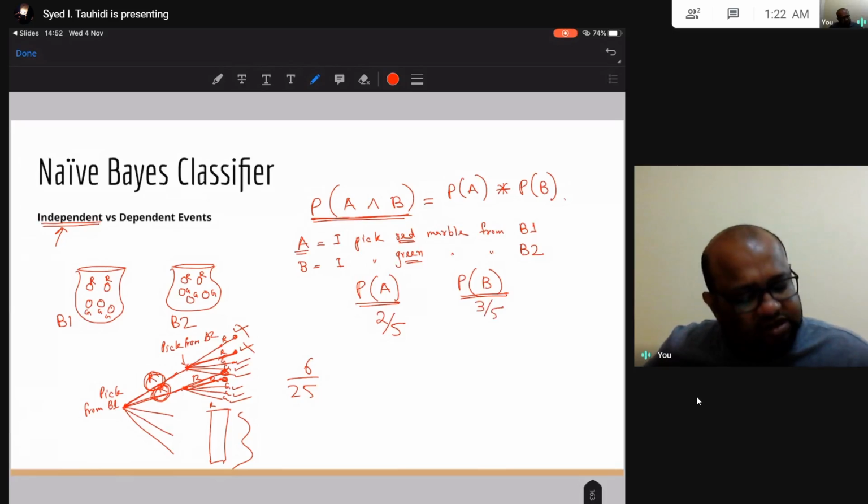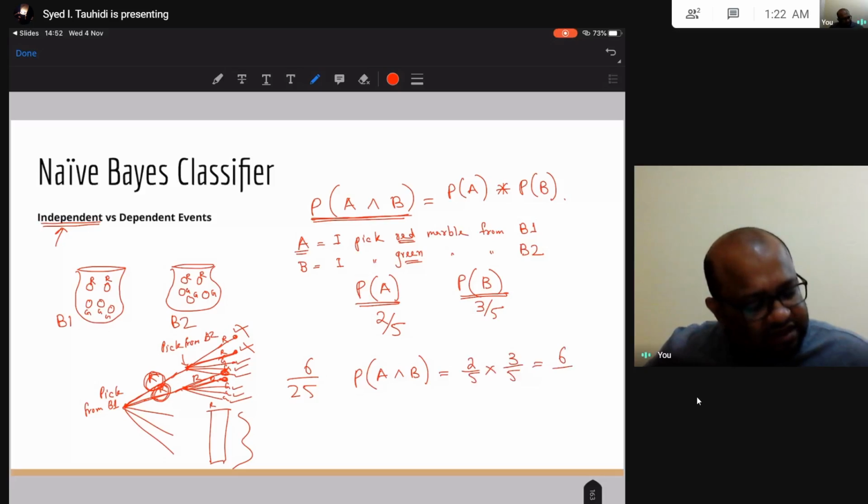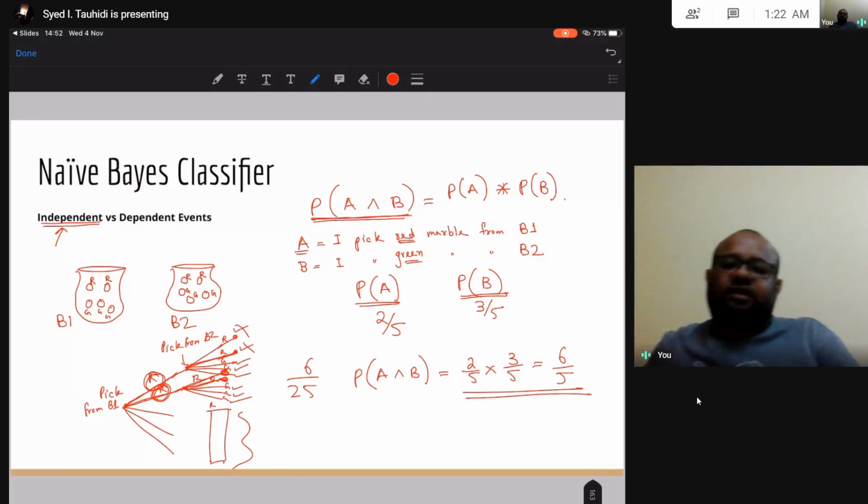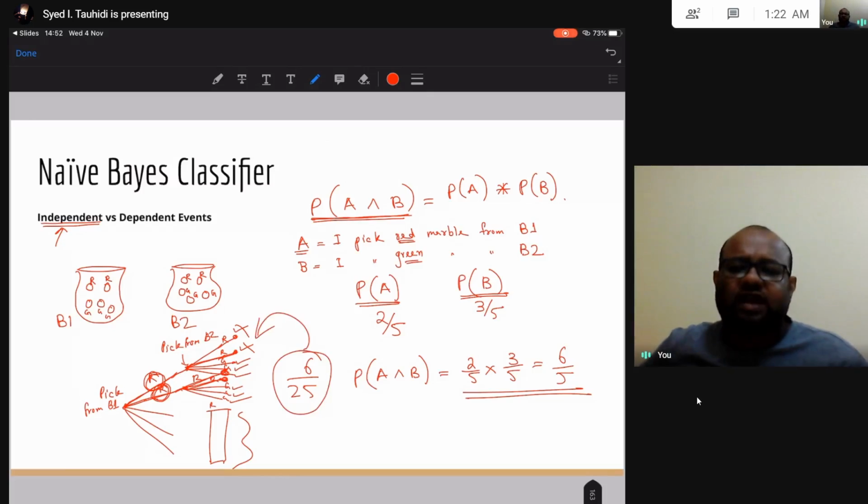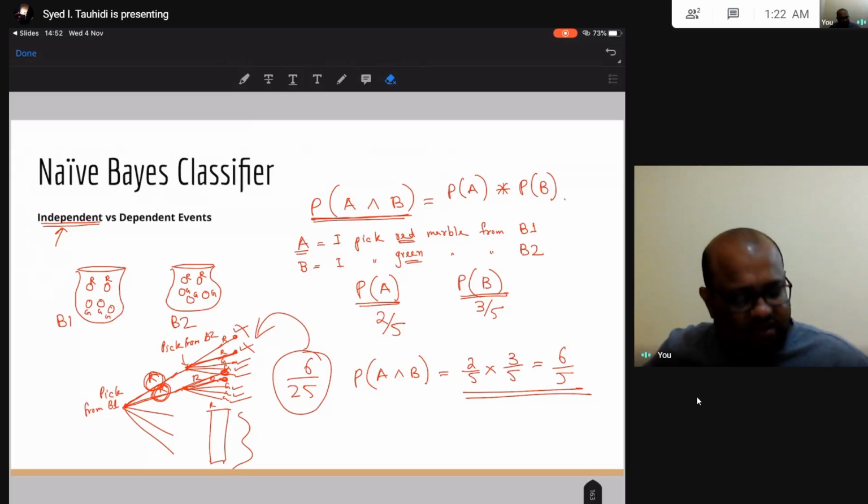So what is the probability of A and B? That is, I pick a red marble from bag 1 and a green marble from bag 2. Probability of A and B is 2 by 5 into 3 by 5, and this is equal to 6 by 25. Yes, we get this from the formula, and we can verify this using the tree method. Alright, this is the case of independent events.